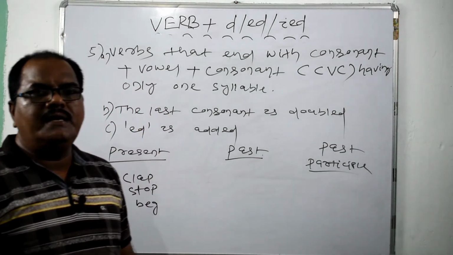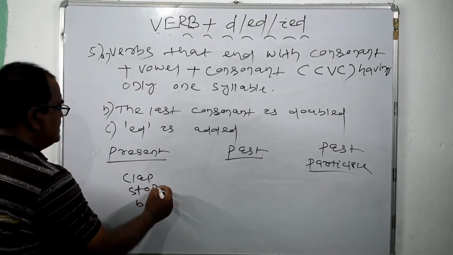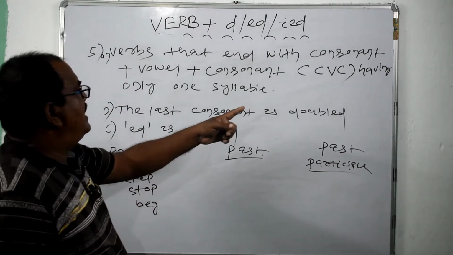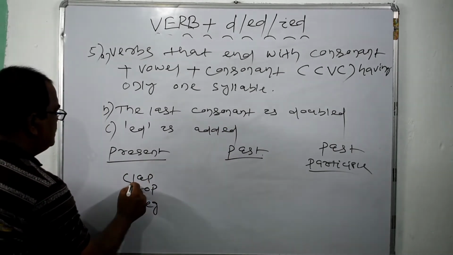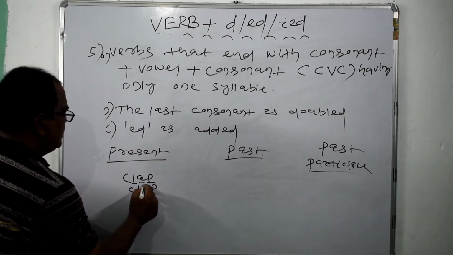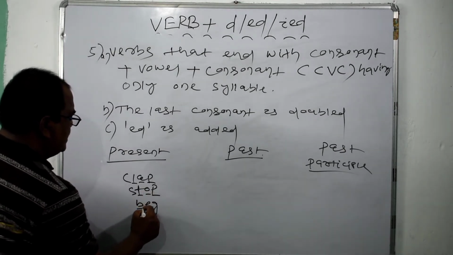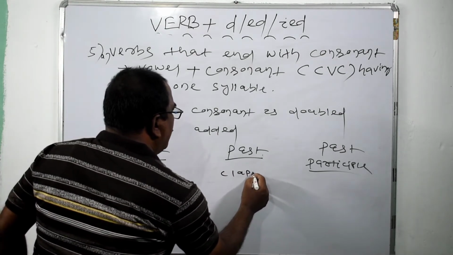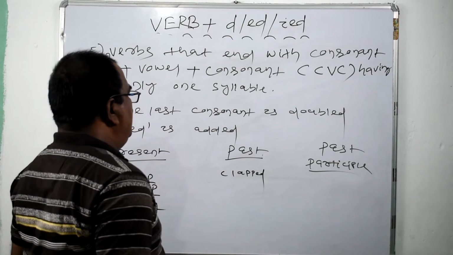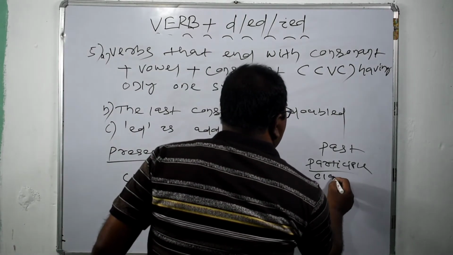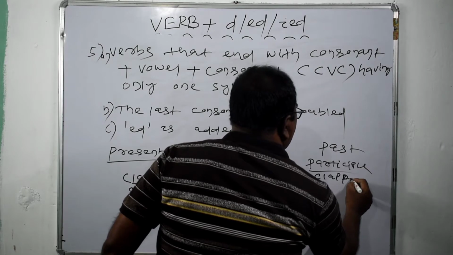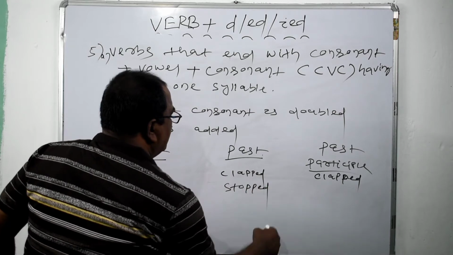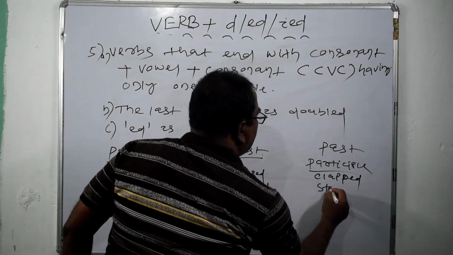All these verbs contain one syllable. Therefore, according to the rule, if the verb having one syllable ends with CVC, consonant, vowel, consonant, in this case, the last consonant is doubled and ed is added. Stop, S-T-O-P-P, the last letter is doubled and ed is added.